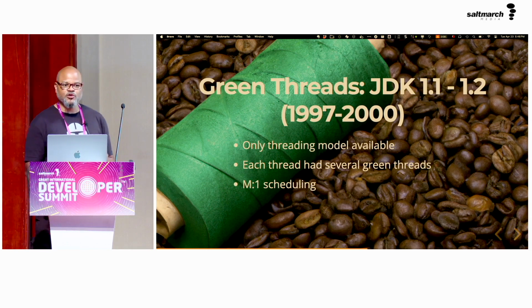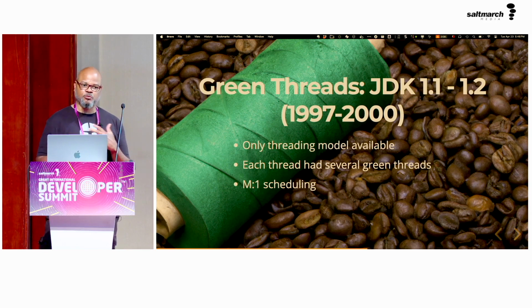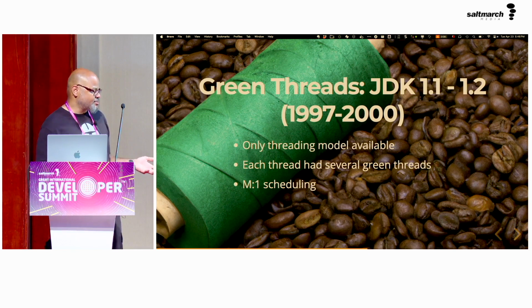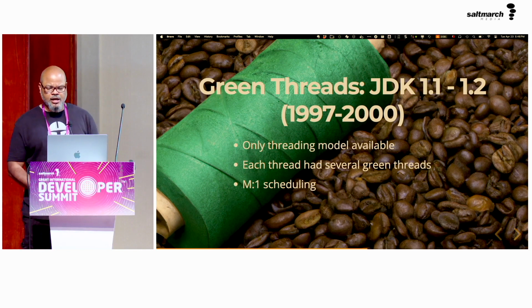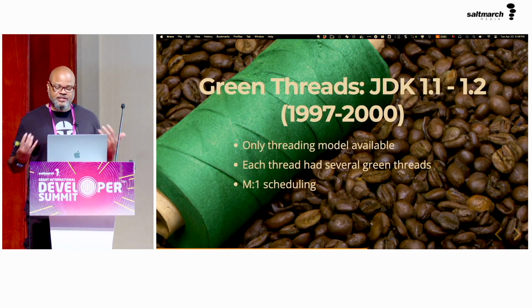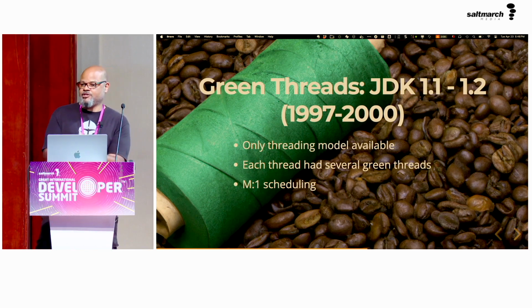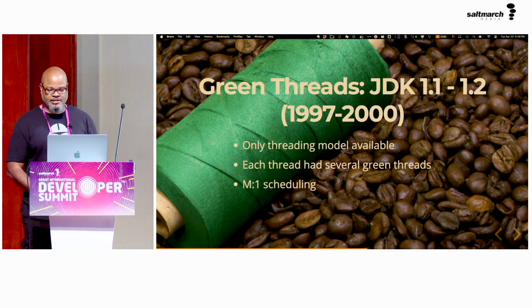So if you wanted to approximate the ability to have multiple threads, they had to be green threads. I think they were mostly on Solaris and Linux and Unix variations, not so much on Windows back then. But basically, just as virtual threads do today, the JVM managed the execution of those threads. But the limitation was that they were built for single-threaded machines, so the JVM ran as a single thread.